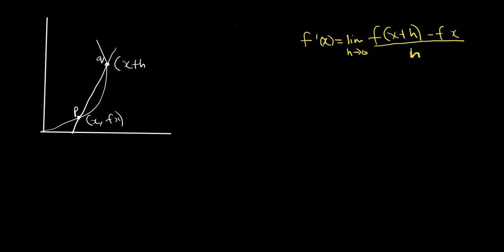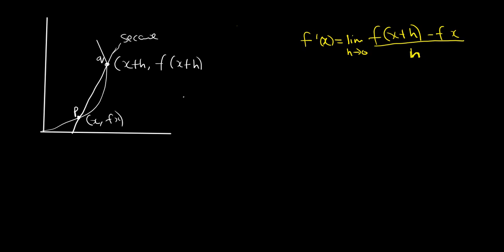The differentiation of this secant will be the initial minus final. The gradient of this secant will be the final y, which is f of x plus h, minus the initial y, which is f of x, over the final x, which is x plus h, minus x, which will cancel and remain with h.